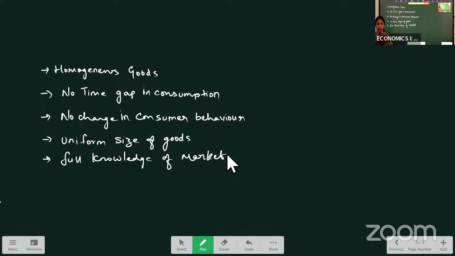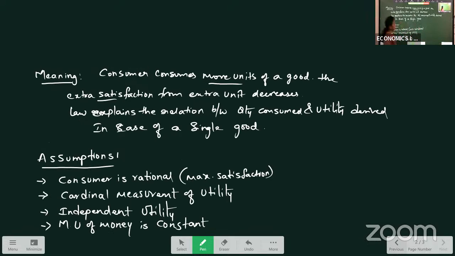Okay, so these are the various assumptions of this law, right? Just see the assumptions over here. We assume that consumer is rational, means every time consumer wants maximum satisfaction. Next, cardinal measurement of utility. We assume that utility is measured in cardinal numbers.